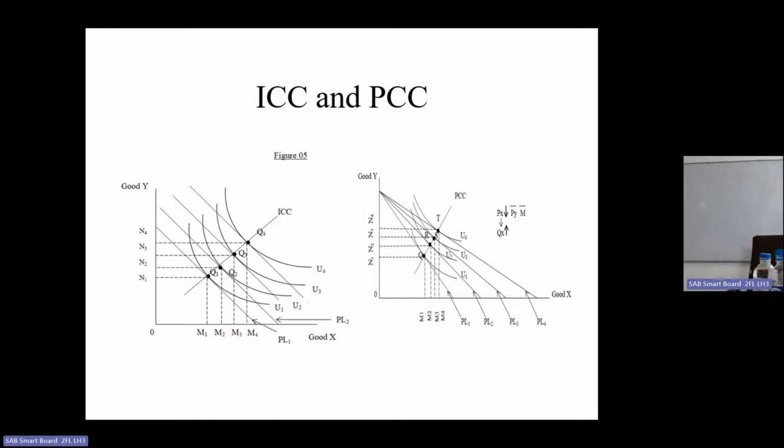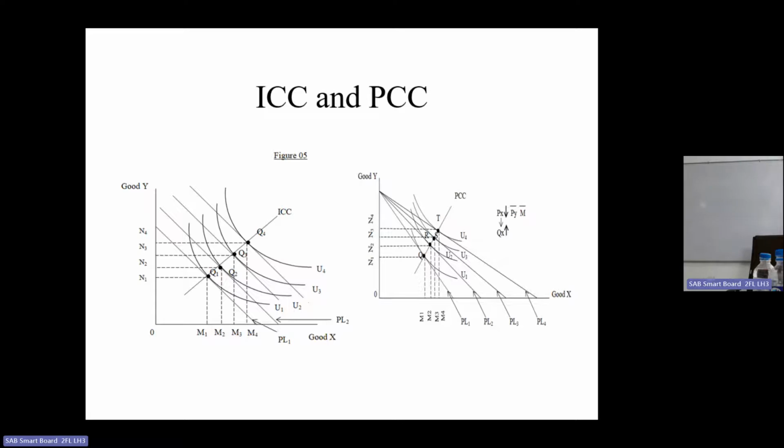Earlier the situation is here. The consumer is in equilibrium at this point, let's say point A. We move from A to B, like that. So there is a movement in the equilibrium because the consumer has the opportunity to consume more of product X with the decline in the price of product X.